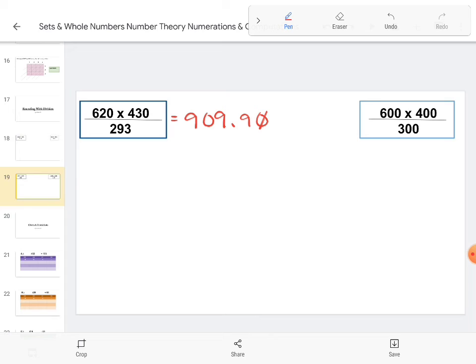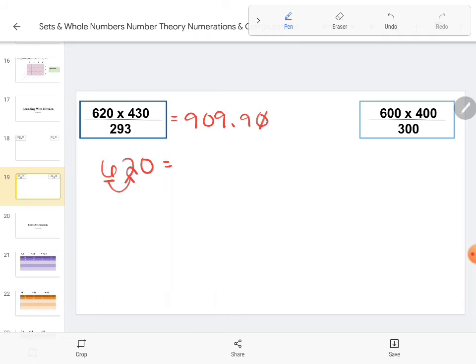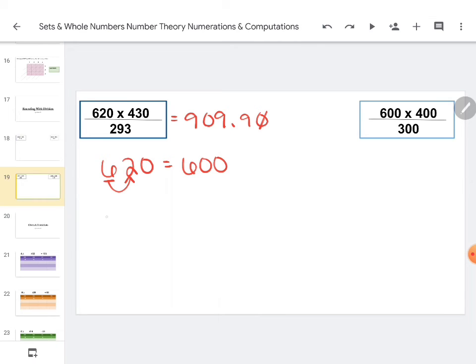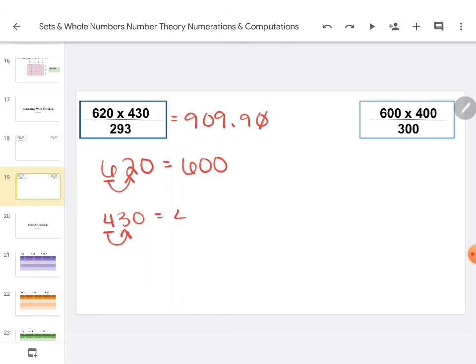And now we're just going to do a quick run through of how we got our division problem, solve that, and compare our answers. For 620, we look at our leftmost digit, our 6, and then the number directly to the right. Since 2 is below 5, we round to 600. Our next number, 430: 3 is below 5, so we round to 400.